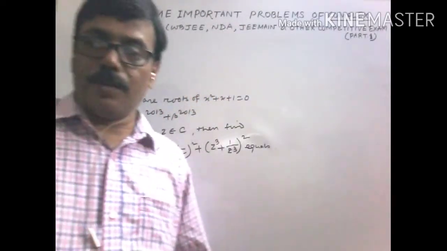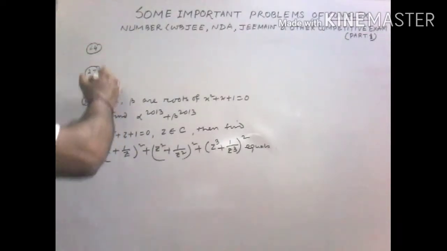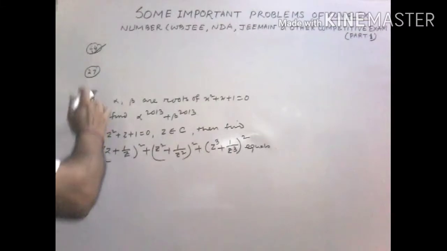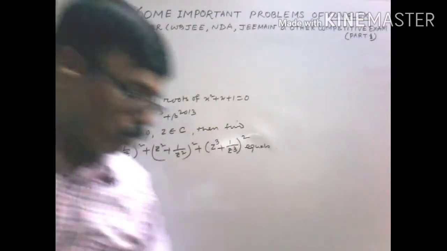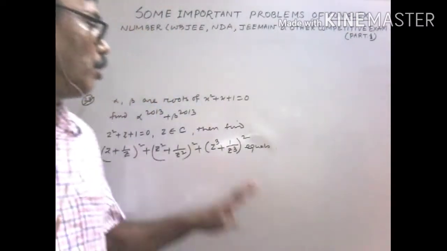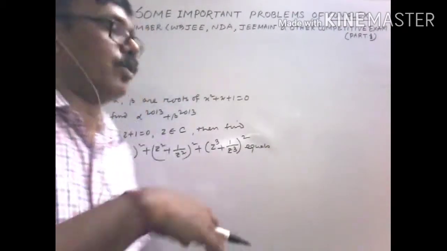Now see from the description table. Problem numbers 23, 24, 27 and 19 are of the same type: problems involving cube roots of unity.